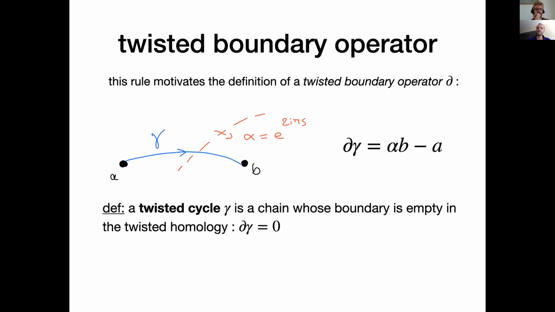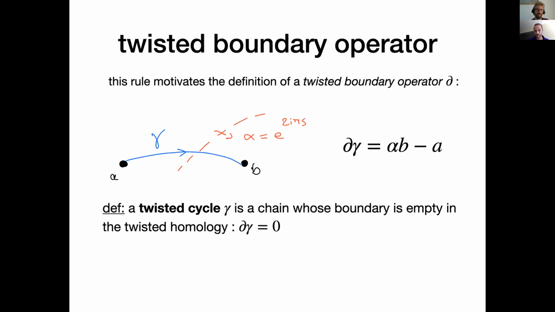And now that you have your boundary operator, you can go ahead and define your homologies by demanding that cycles are chains modulo exact cycles. So you want a cycle. A cycle is a chain whose boundary is empty in the twisted homology.